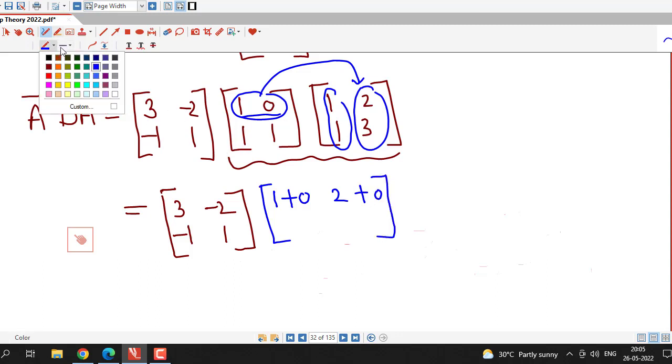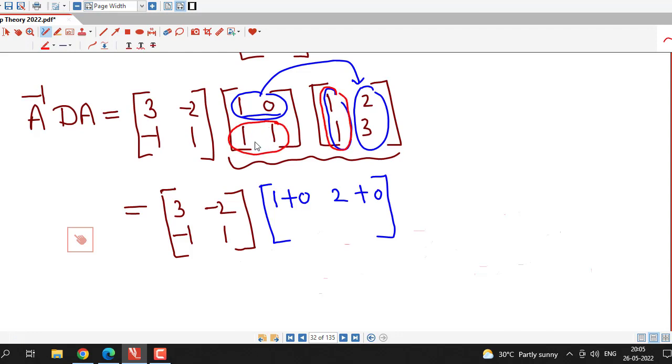Same process we repeat for the second row. The second row we multiply with the first column: 1 into 1 is 1, plus 1 into 1 is again 1, and with the second column, 1 into 2 is 2, plus 1 into 3 is 3.